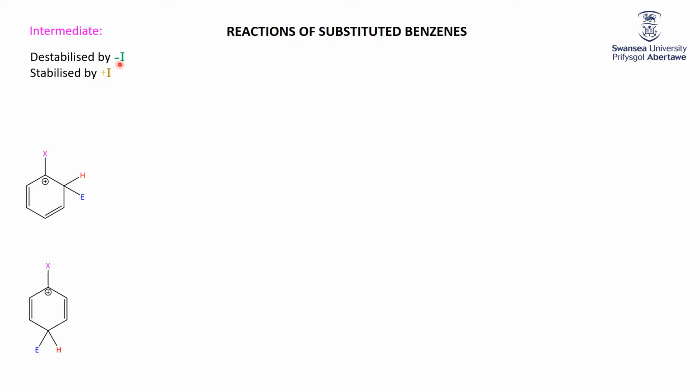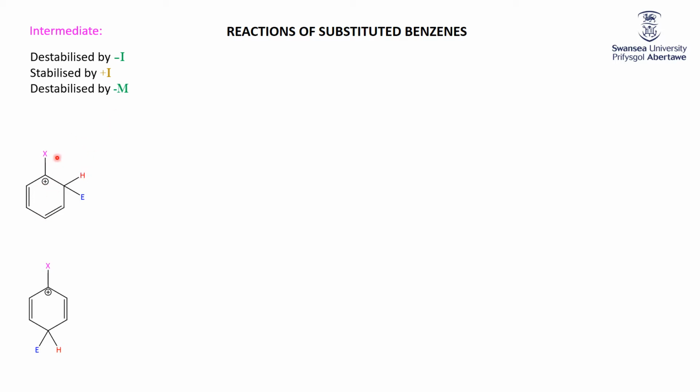Negative inductive effect is always bad because it's sucking electron density away, but it's particularly bad when you have 2,4 substitution, because then you're losing effectively one of your three resonance structures. Now in the same way, of course, any of the intermediates are going to be destabilized by negative mesomeric effects.